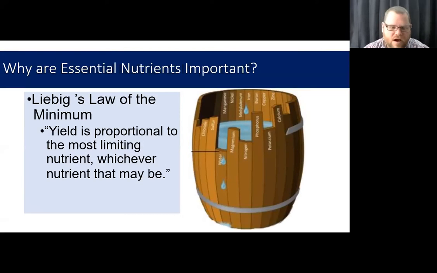So we start out by talking about the law of the minimum. So we see this open barrel, and the law of the minimum applies to a lot of different things, but basically it's this. Your weakest link is going to determine a lot of things.